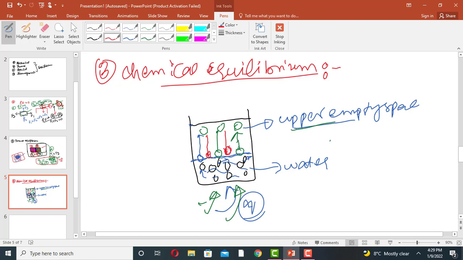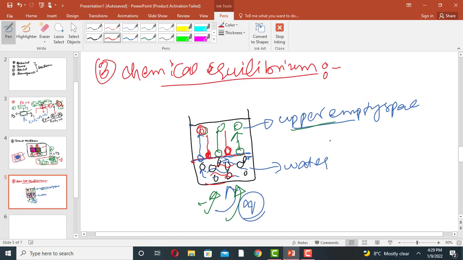This is called the rate of condensation. So when we give heat to this liquid water, the water molecules from the liquid state convert to the vapor state, which is called the rate of vaporization. After a certain time, some of the water vapor molecules will condense to liquid water again, which is called the rate of condensation.